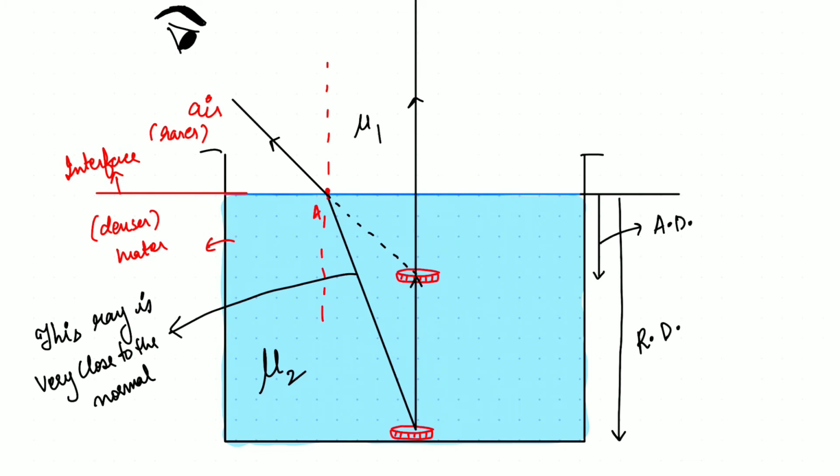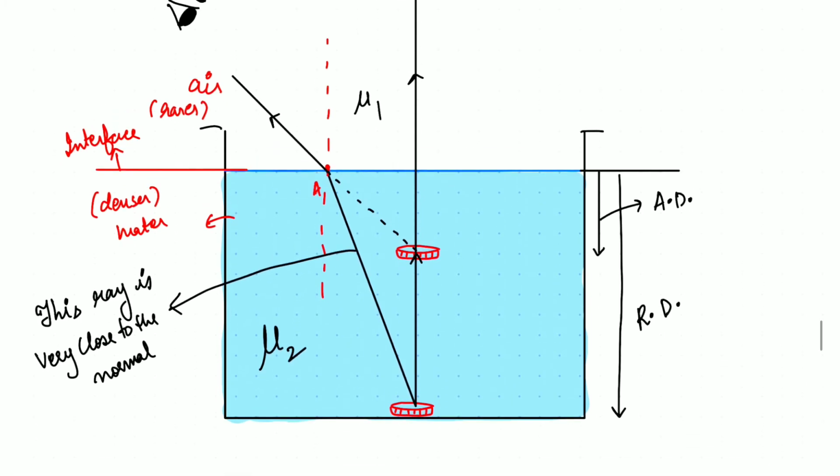There is a very good reason for that, and I will make you understand why. We are going to assume that your angle of incidence and angle of refraction are very, very small. That can only happen when your rays are very close to your normal.